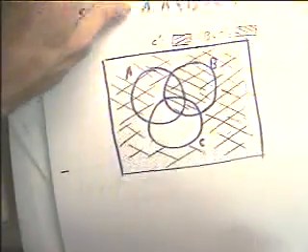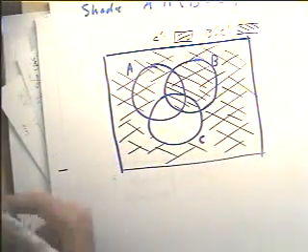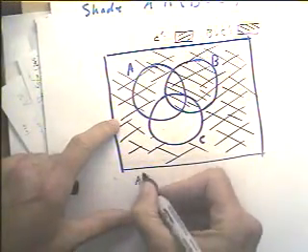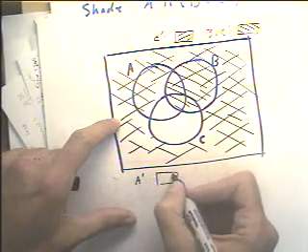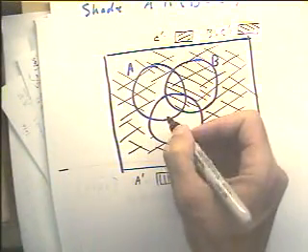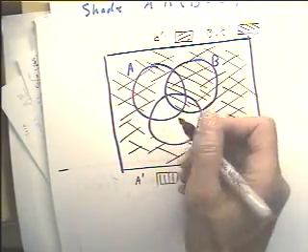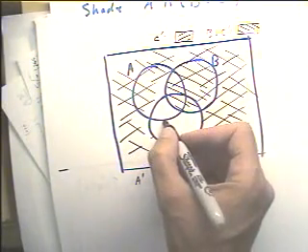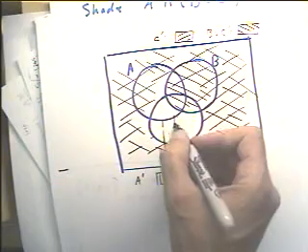So I'm going to have to shade A prime. Let's go ahead and shade A prime with vertical lines. Now that means everything that's outside of A is going to get shaded. That means here's A prime.